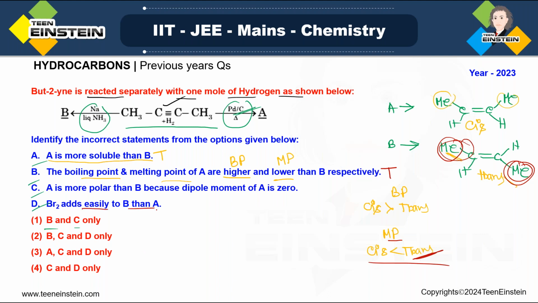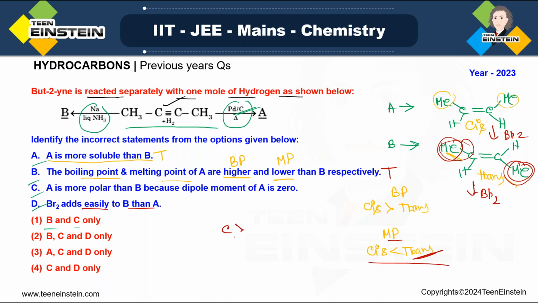And bromine adds easily to B than A. Now, bromine addition with trans and bromine addition with cis, in which case will it occur easily? You have to consider the overall energy of cis and trans. Trans is more stable than cis because of its structure. If a molecule is already at higher energy, it is easier for it to take part in a reaction, because a molecule with higher energy is more reactive.